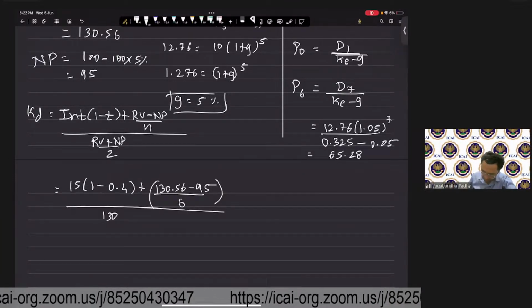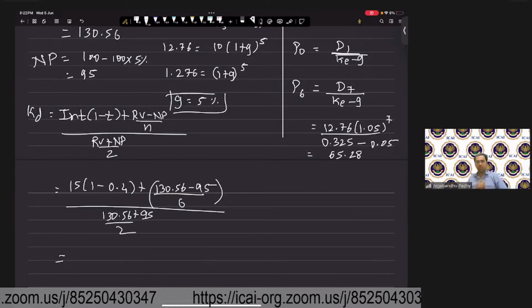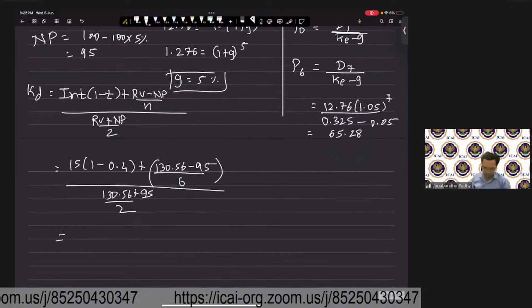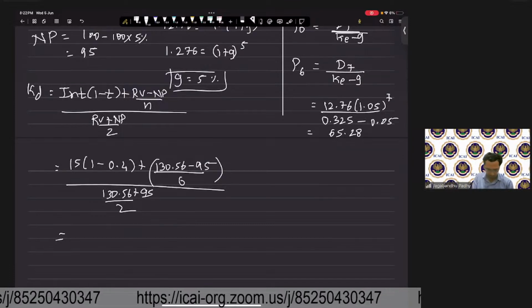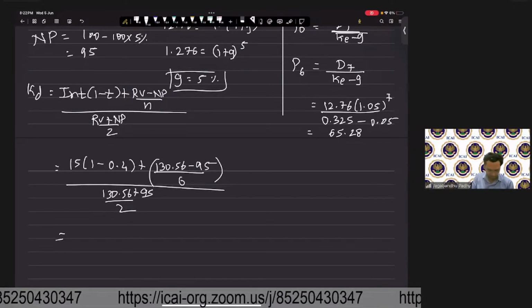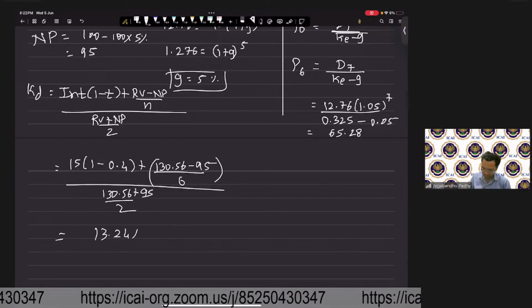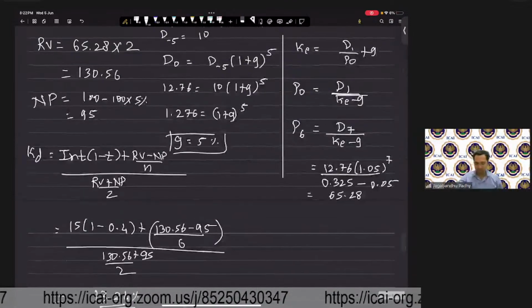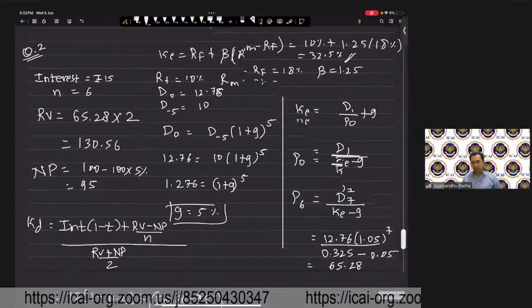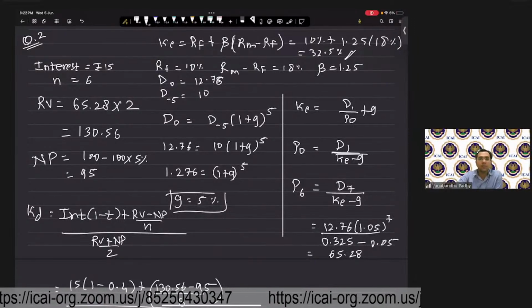Then we take an average of 130.56 plus 95 by 2. Solve it, and we should get the answer as 13.24%. That's the cost of debt. This was a new type of question wherein the redemption is happening in terms of shares and not in terms of cash.